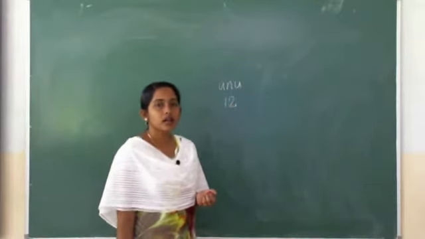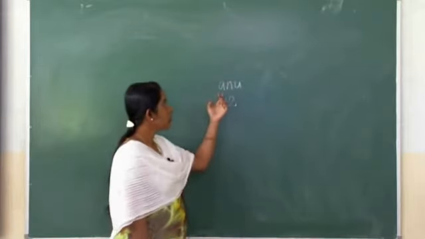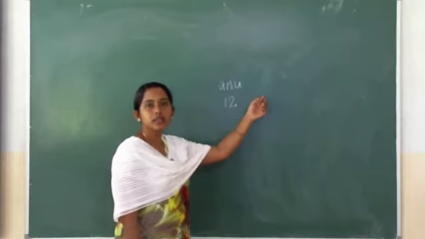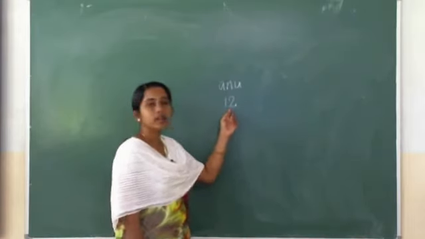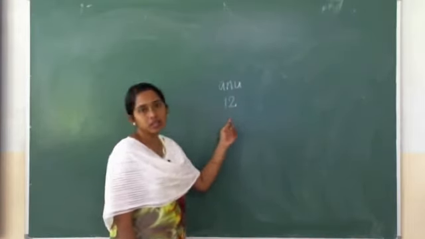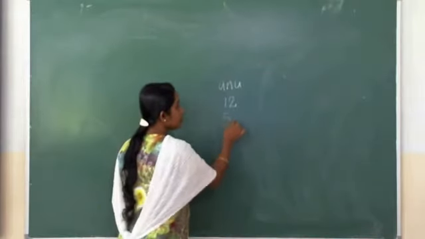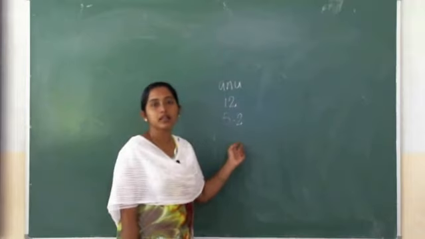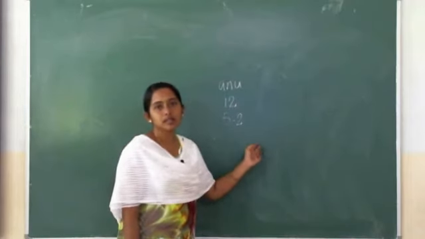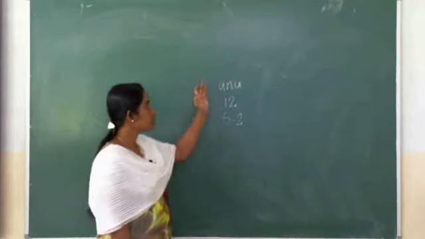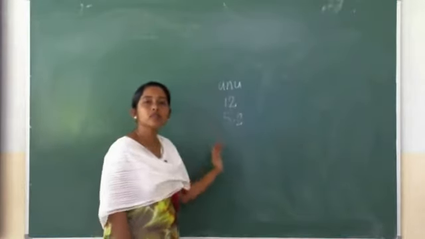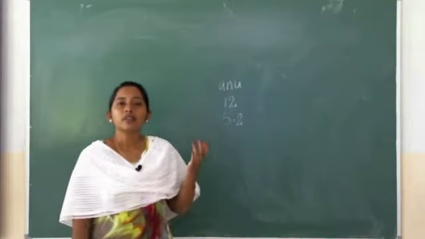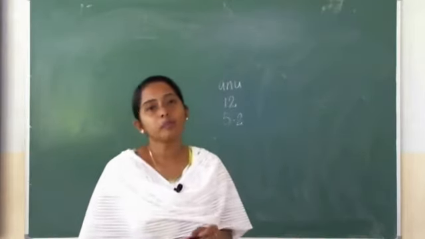Literals we already discussed: this one is a string literal, this one is an integer literal, and if I write 5.2, this is a floating point, otherwise real literal. So different types of data are available, and we have to use different types of data while writing a program.